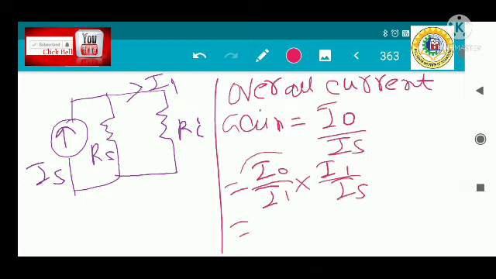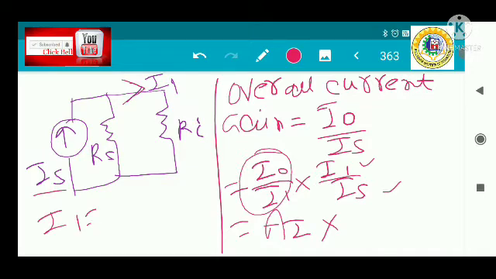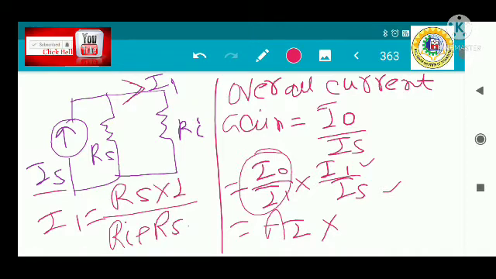Now I0 divided by I1 is simply the current gain, and for I1 divided by Is, this is your Is and this is your I1. I1 is just the current division rule: Rs divided by Ri plus Rs into Is. So this is the expression for I1.